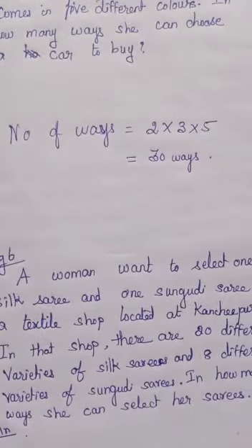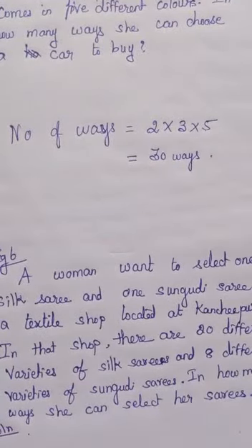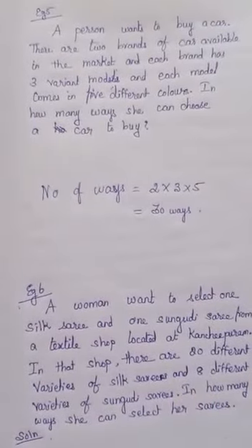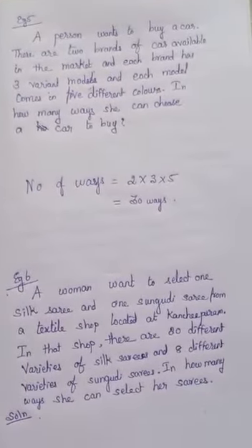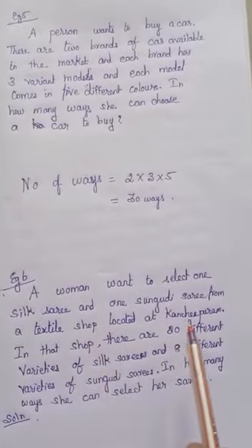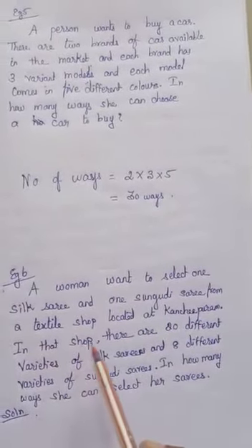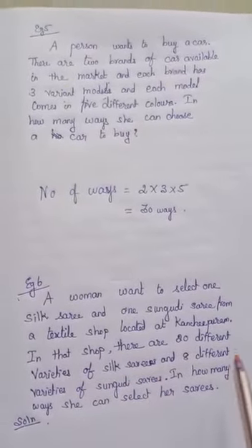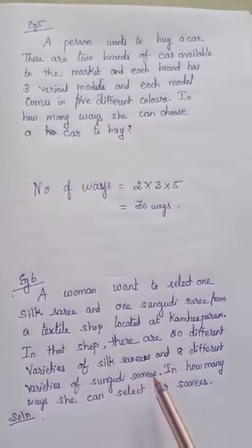The next one. A woman wants to select one silk saree and one Sungudi saree from a textile shop located at Kanchipuram. In that shop, there are 20 different varieties of silk sarees and 8 different varieties of Sungudi sarees.